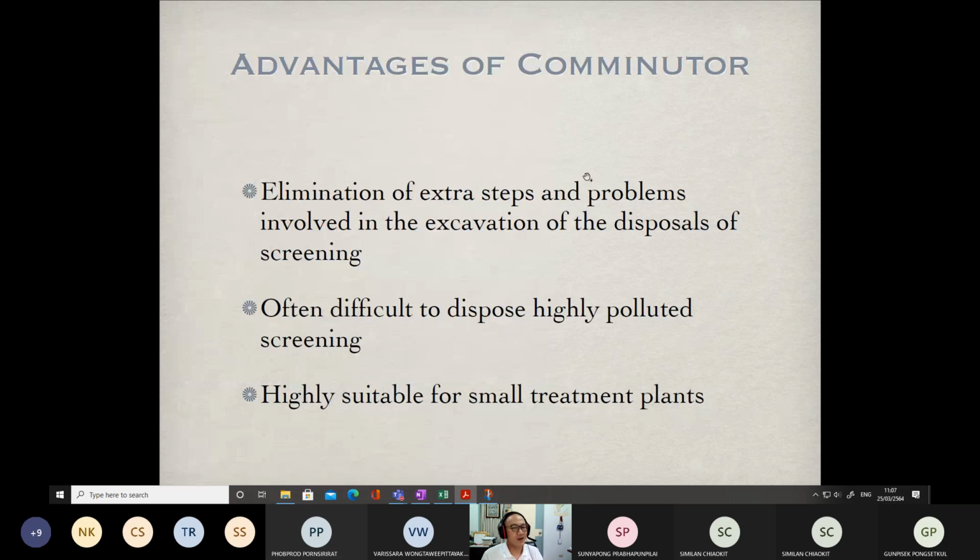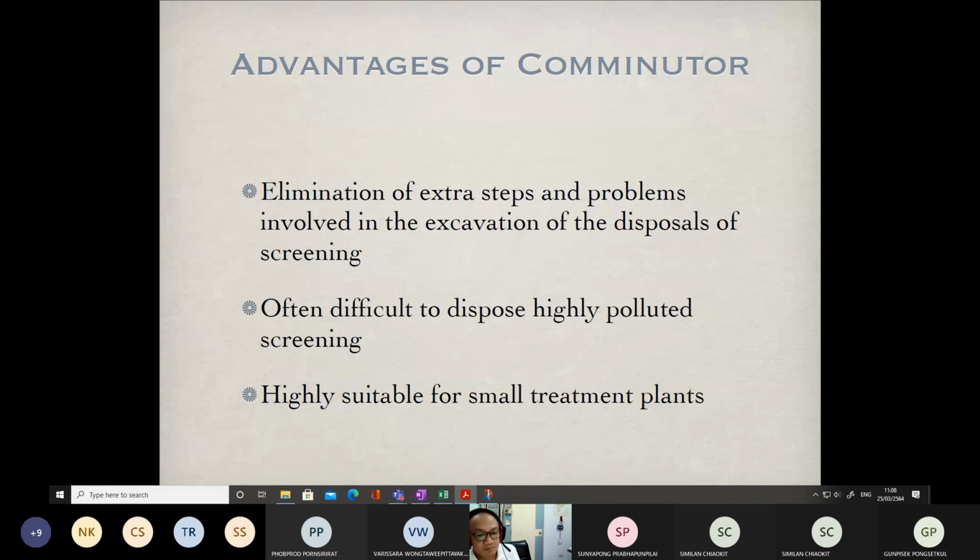There are some certain advantages, although they are mechanical equipment. We are trying to avoid using this equipment, but anyway, there are some certain advantages. We can eliminate some extra steps and some problems with the screens.